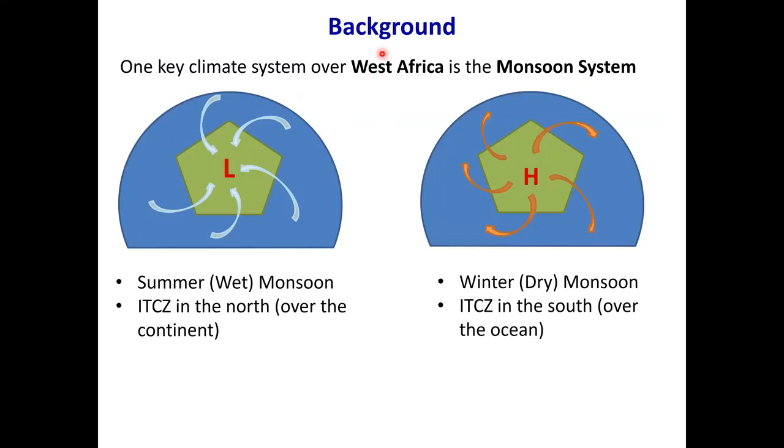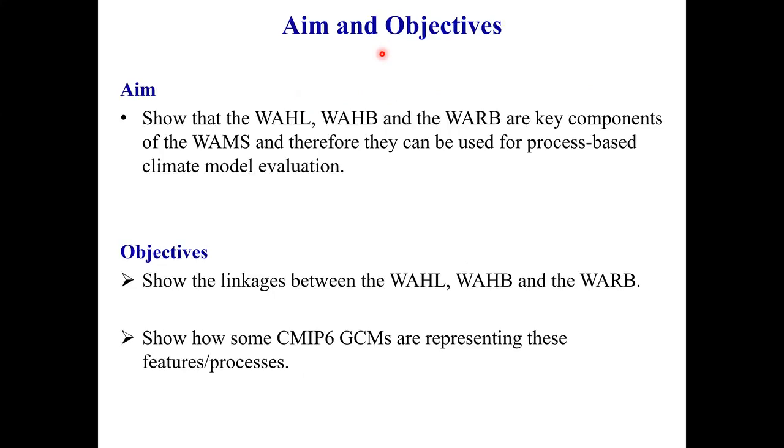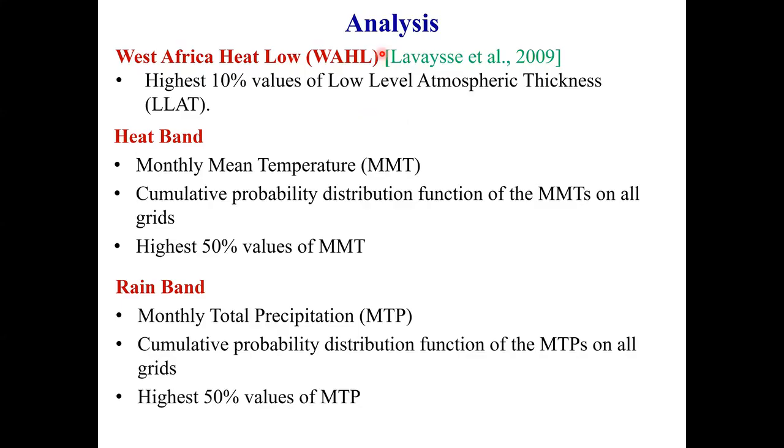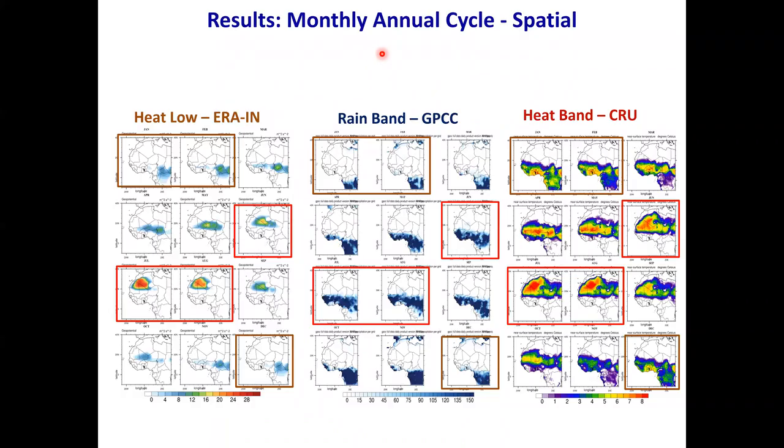You have a slide where you show the heat low, the heat band, and the rain band, where you indicate that one of them is the monthly mean temperature, the other one is this. Okay, this one. After this, can you go down? The next slide. Let's check the next slide. You define, okay, maybe it's before the objectives. I think it's this one.